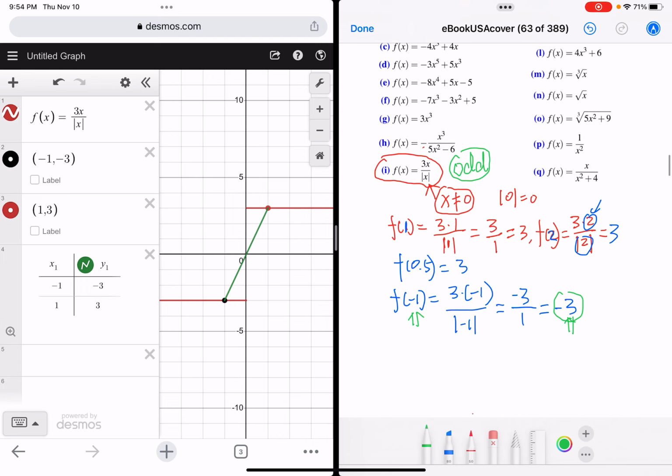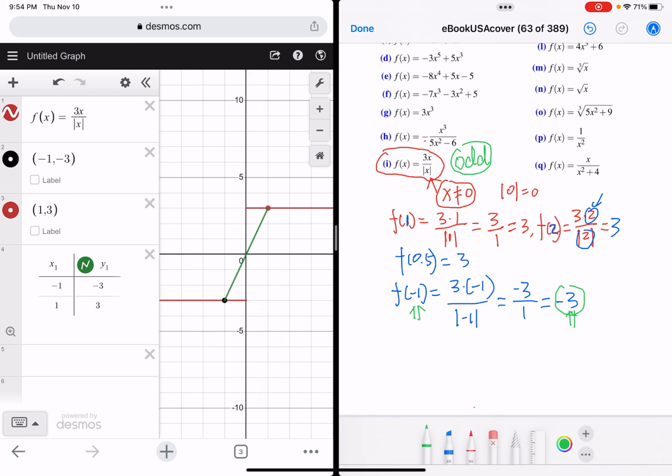Again, for the odd function, you should have f of negative x equals negative f of x, right? I did here, you can see f of 1 is 3. F of negative 1 is negative 3. So what do you get? Let me erase that.